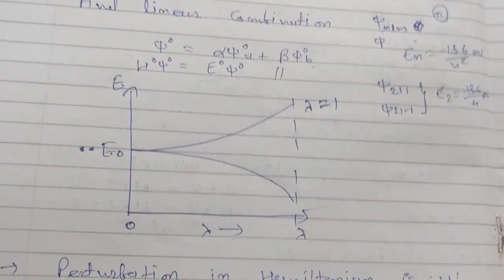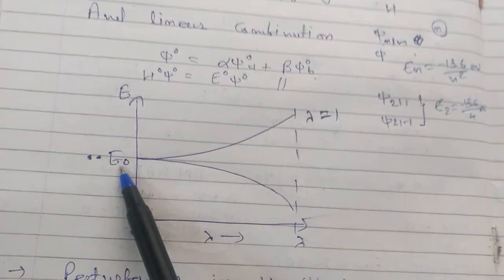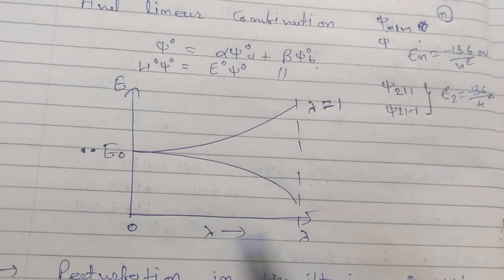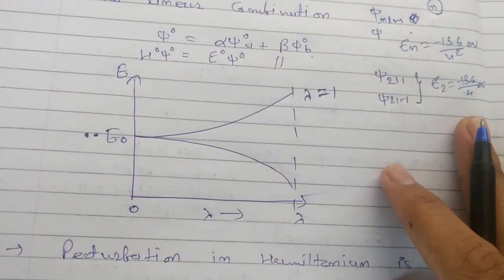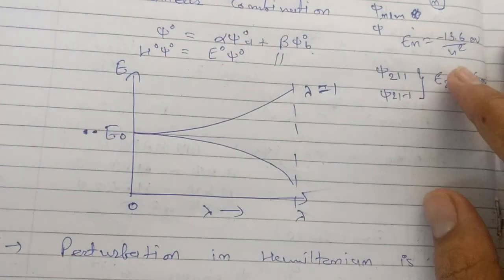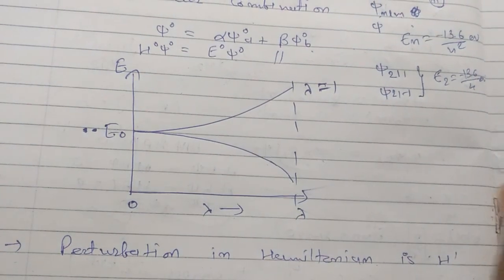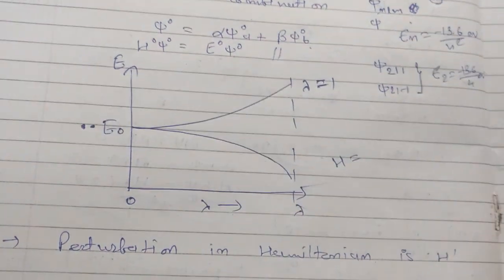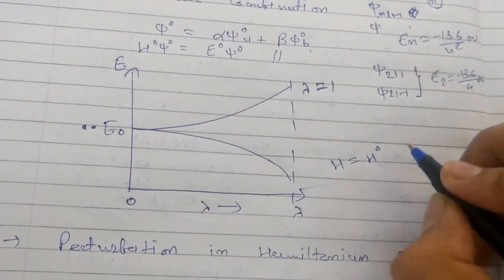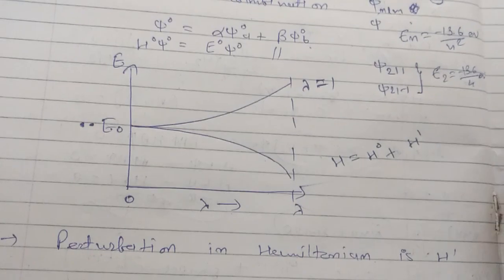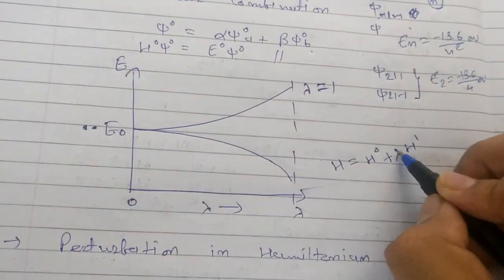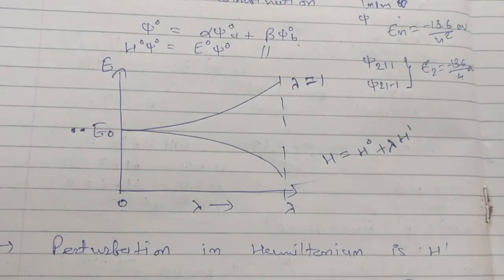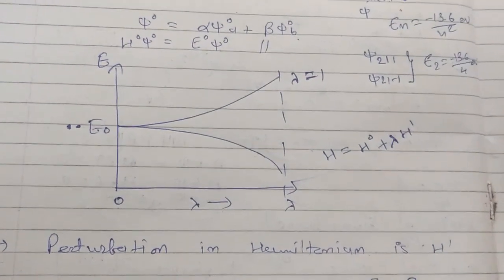Here E naught represents the unperturbed system's energy, and we have lambda. Lambda will be varied from 0 to 1. Before that, what is lambda? If we have the Hamiltonian, the final Hamiltonian is the unperturbed Hamiltonian plus the perturbed Hamiltonian, let's call it H dash, and here we have lambda. Lambda is just a parameter which is dimensionless and has values ranging from 0 to 1.